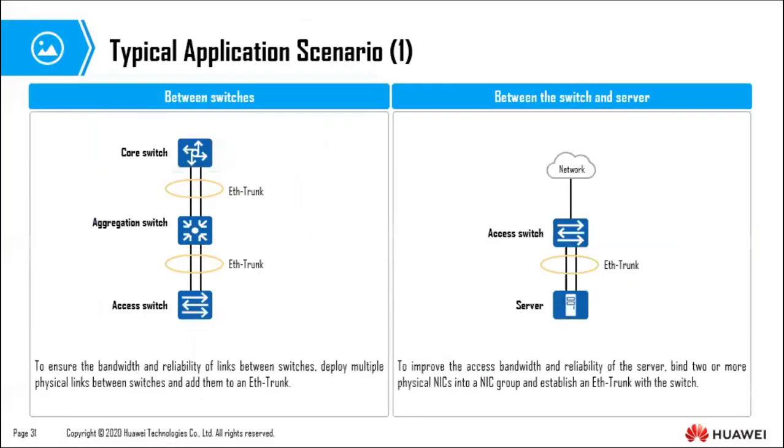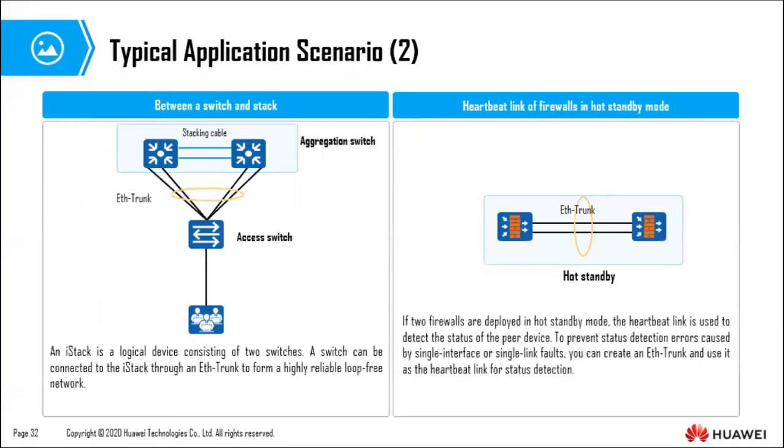Application scenario 2. Had I skipped this one, by the way? Okay, so I think I had skipped this one. So we can also bundle up links into a single logical link between switches, between a switch and a stack. So look at this.